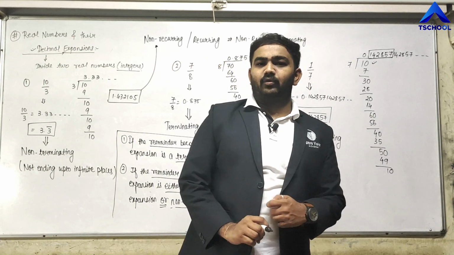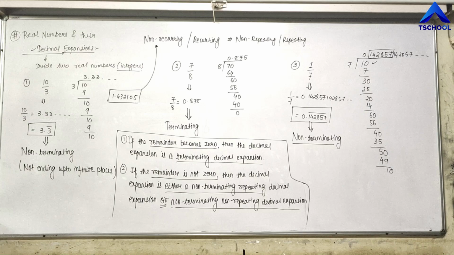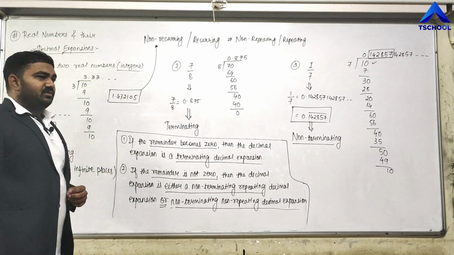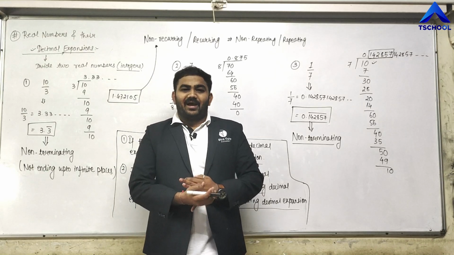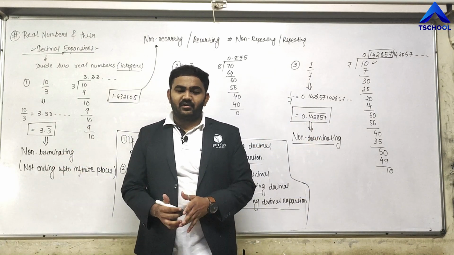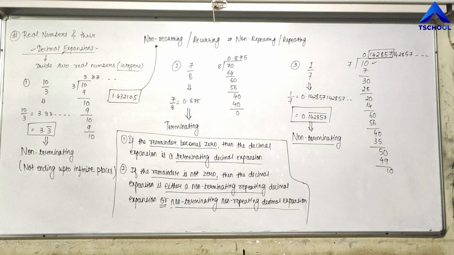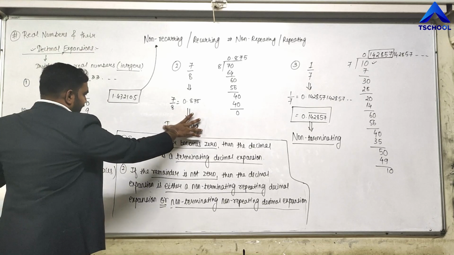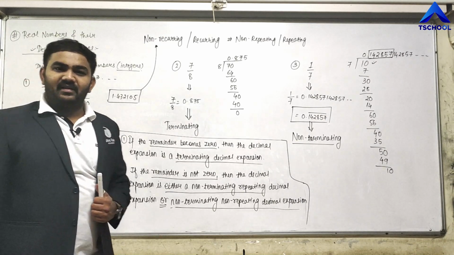So friends, how do we classify these? All the rational numbers are mainly classified into these three groups only. If a rational number is of the p by q form, then its decimal expansion will be either terminating, or non-terminating repeating, or non-terminating non-repeating.